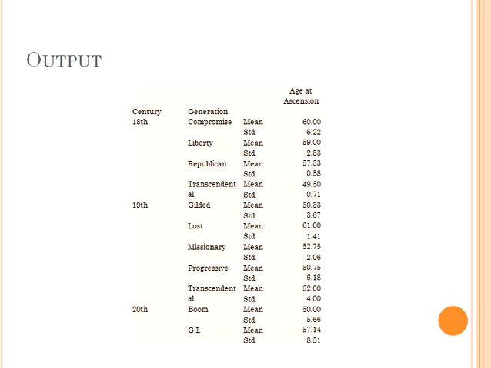Here is the table I got. So basically, this table shows the means and standard deviations of age at ascension in different generation groups.